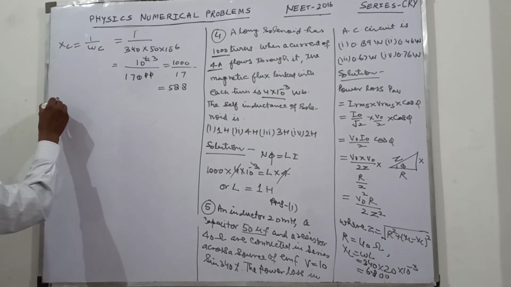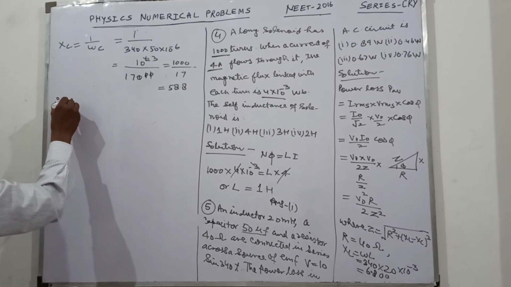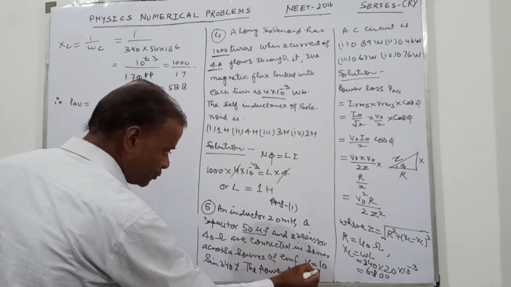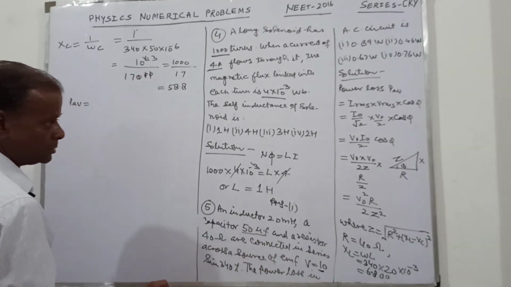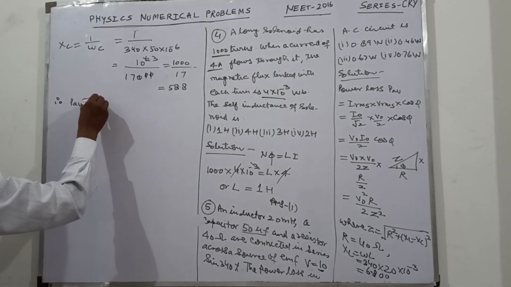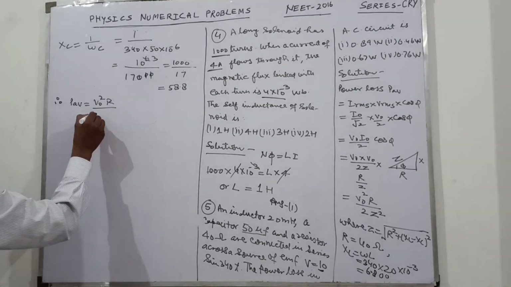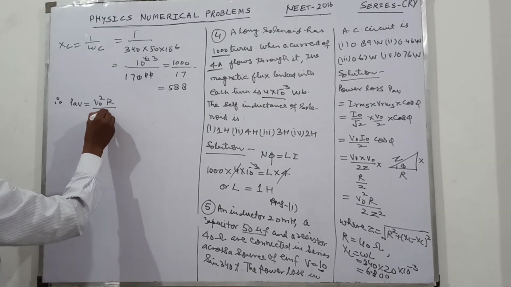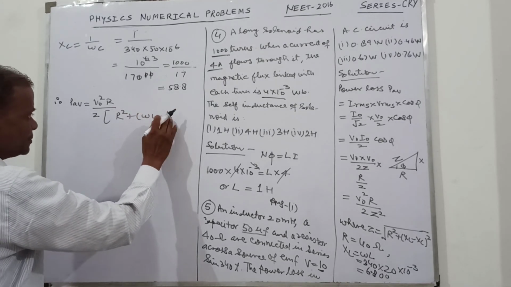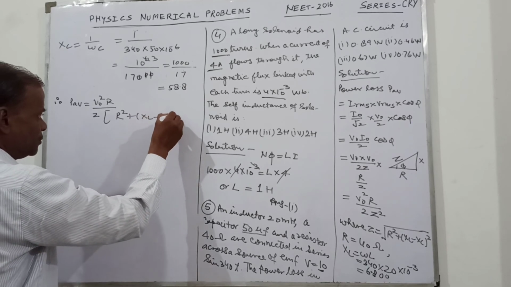Therefore, P average is equal to, now V naught is 10 volt. So in this formula, V naught square R upon 2 Z square, and this Z square is R square plus XL minus XC whole square.